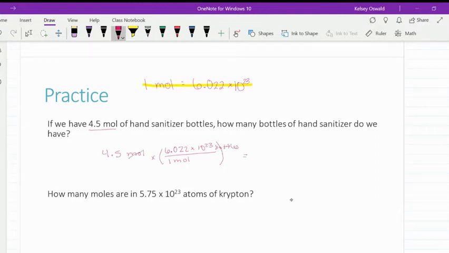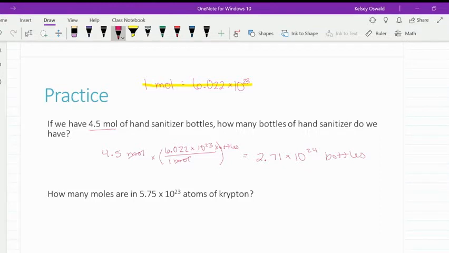So we have moles on top, moles on bottom, so that they cancel out and we're left with bottles. If you guys remember, we're going to multiply by everything that's on top and divide by everything that's on bottom. So in our calculator, we do 4.5 times 6.022 times 10 to the 23rd. And we would find that we would have 2.71 times 10 to the 24th bottles of hand sanitizer.